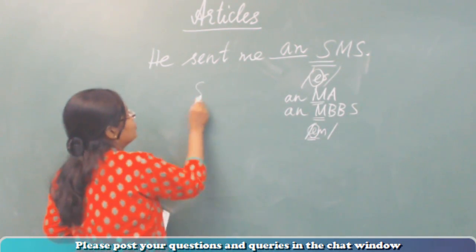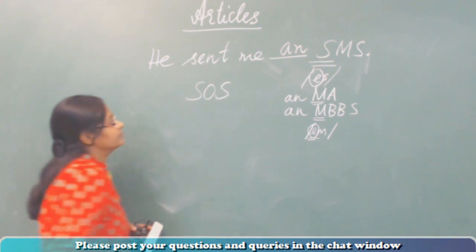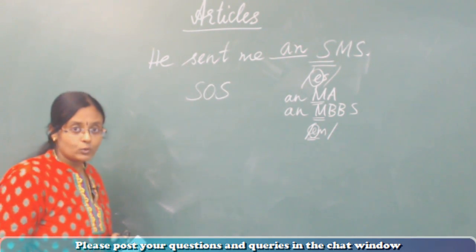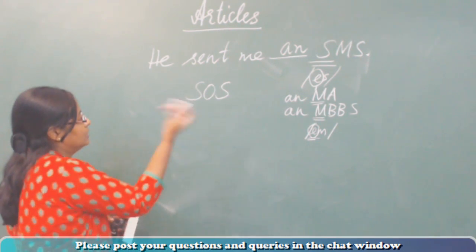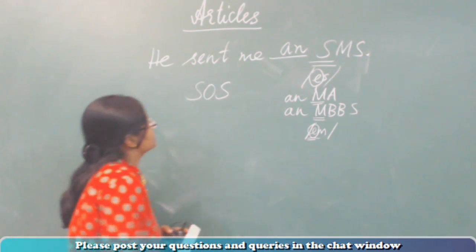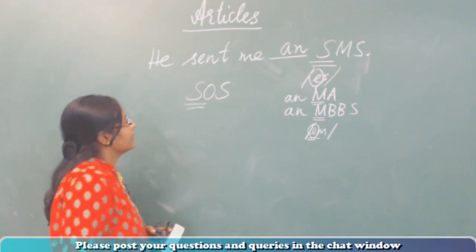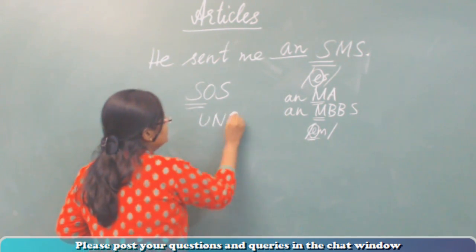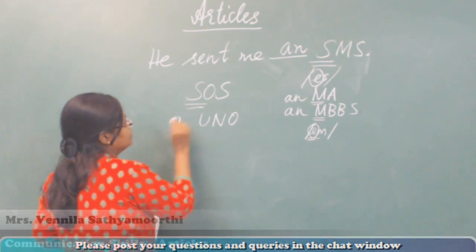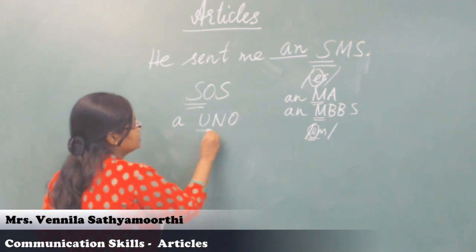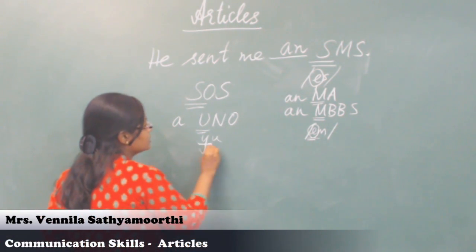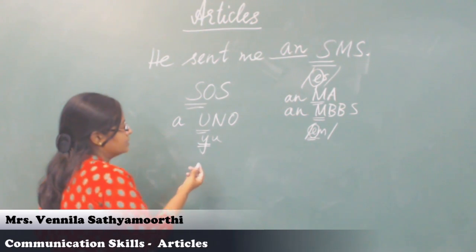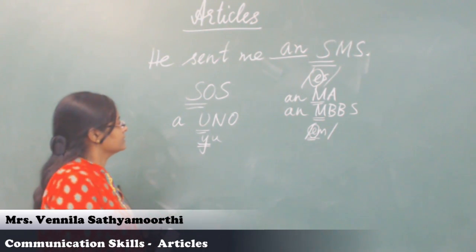Similarly, SOS. We received an SOS message from them, save our souls, same as then. But if you say UNO, a UNO member, because here you see U is a consonant sound, united, then say a.